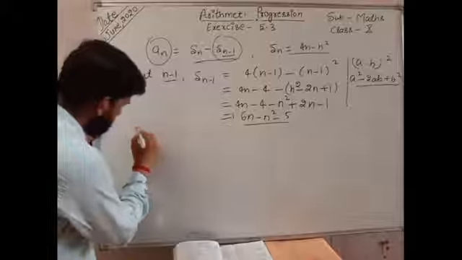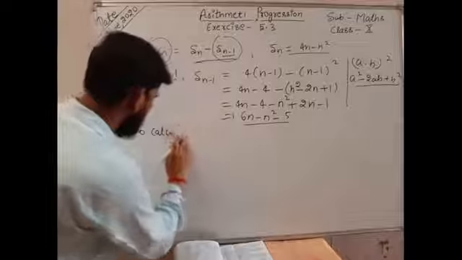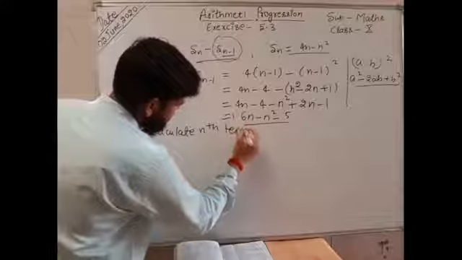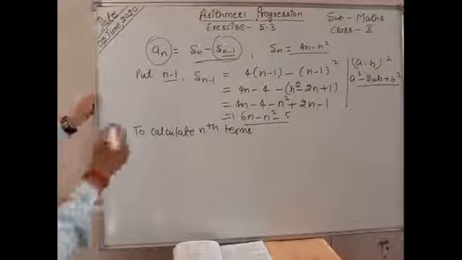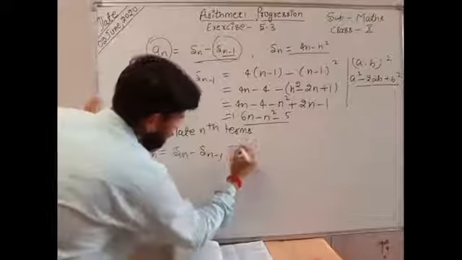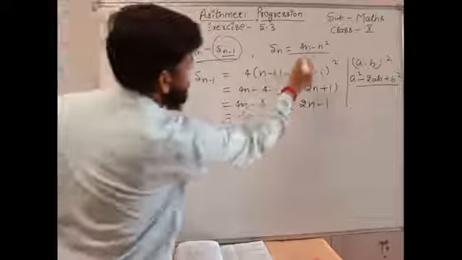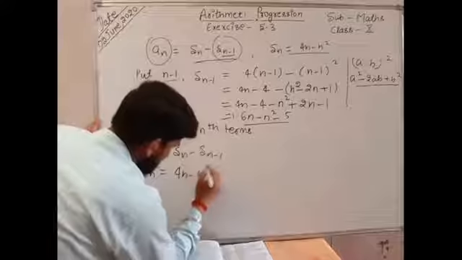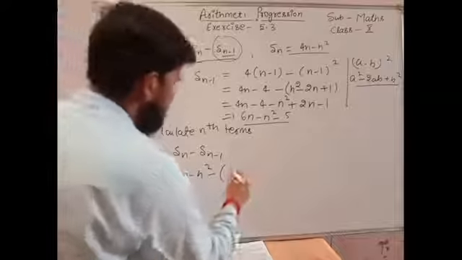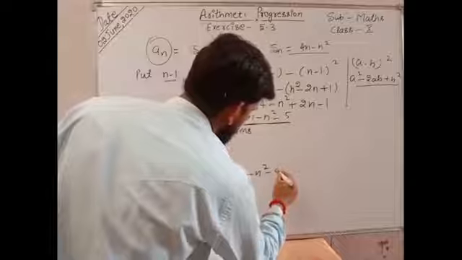Now to calculate the nth term. Okay students. So An is equal to Sn minus Sn minus 1. Now put the values. Sn is equal to 4n minus n square, it is given. And minus Sn minus 1, we have already calculated, that is 6n minus n square minus 5.